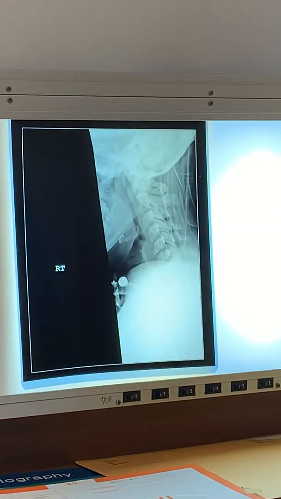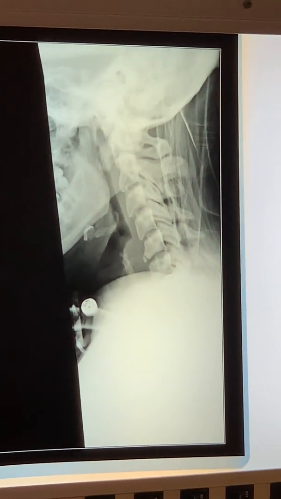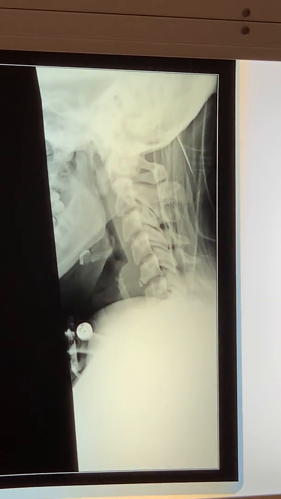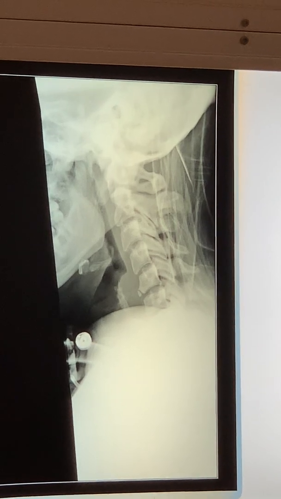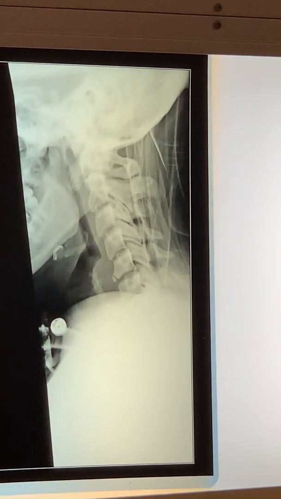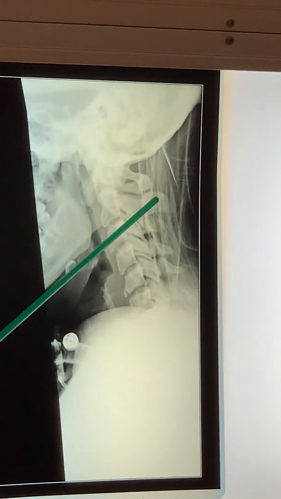What's the higher one in front? Where the C3 is kind of weird. Under C2. Okay, so here's one, the ring. Here's 2.